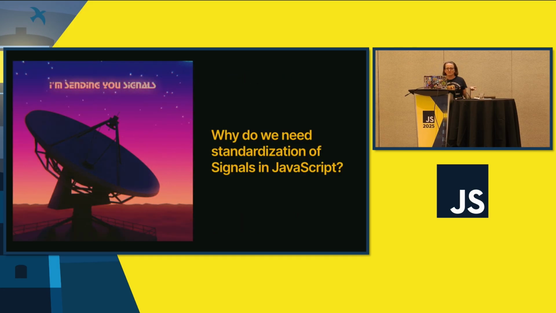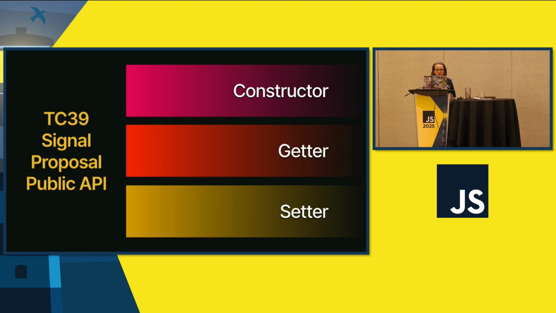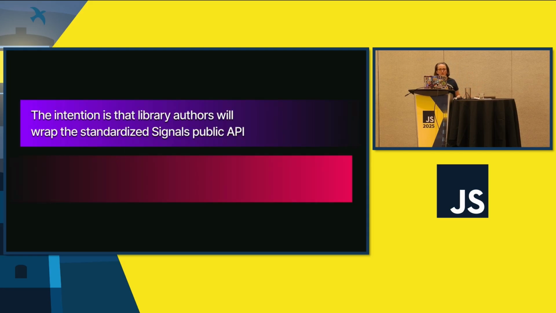So why do we need standardization of signals in JavaScript? The API of the TC39 proposal looks very much like existing signals implementations because most signals implementations are almost exactly the same. There's a constructor, there's a getter, and there's a setter. That's the public API. That's what we care about as developers.